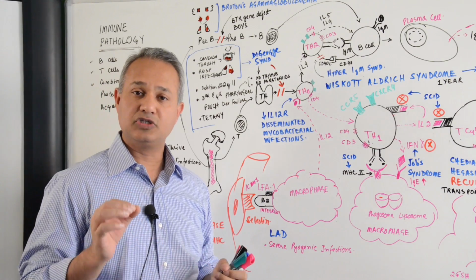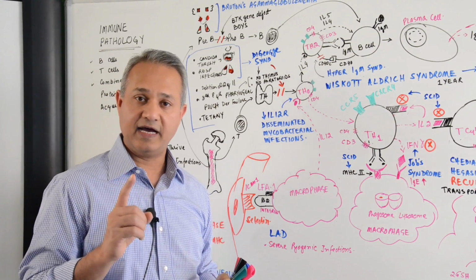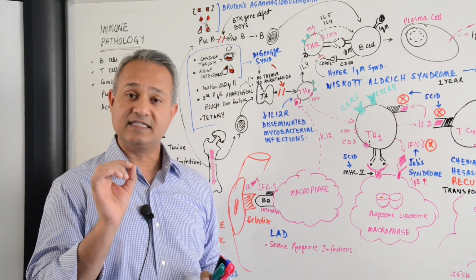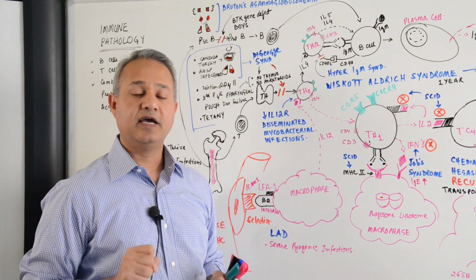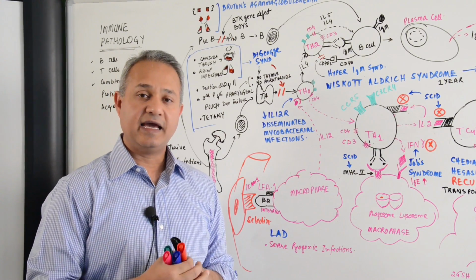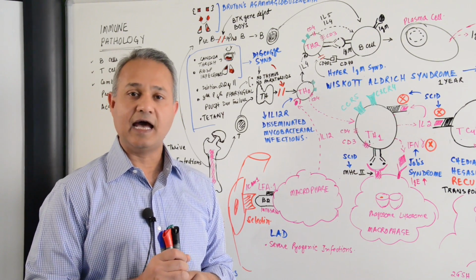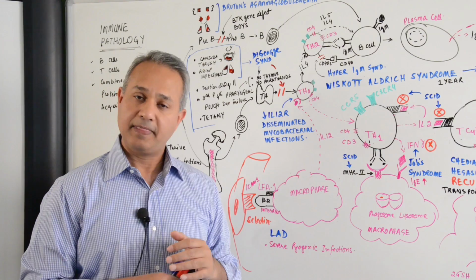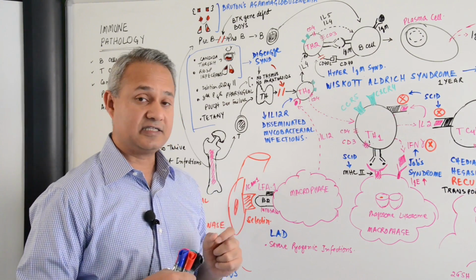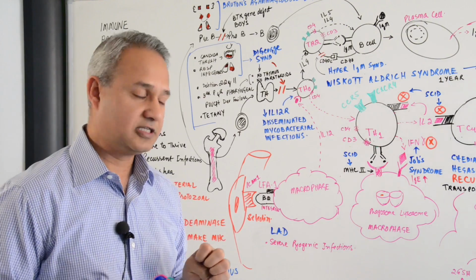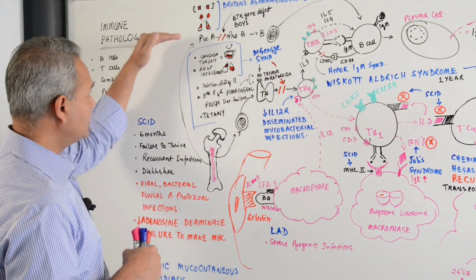Remember that a mature B cell sitting in a lymph node has IgM and IgD on its surface, acting as receptors to trap antigens. Also remember that B cells can trap proteins, polysaccharides, nucleic acids, haptens and other such kinds of antigens. On the other hand, T cells can only trap proteins or polypeptides as antigens. So this is the B cell.